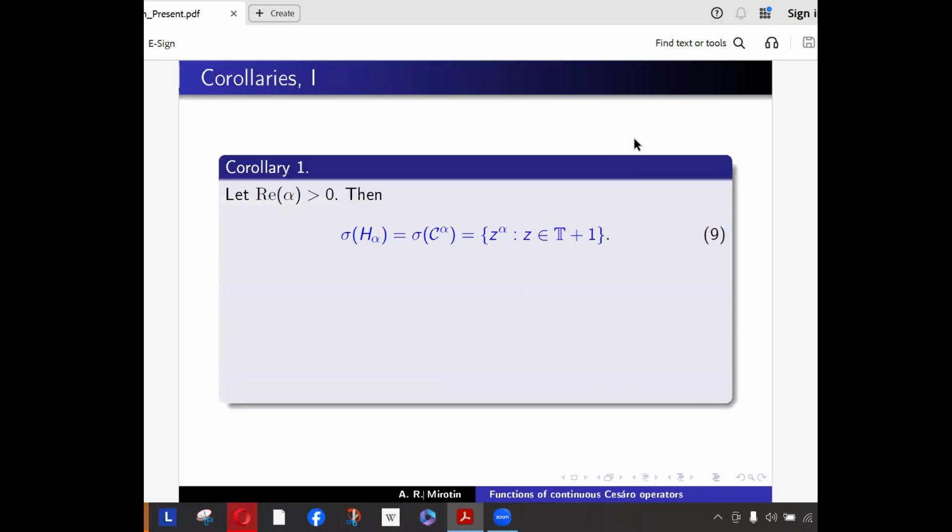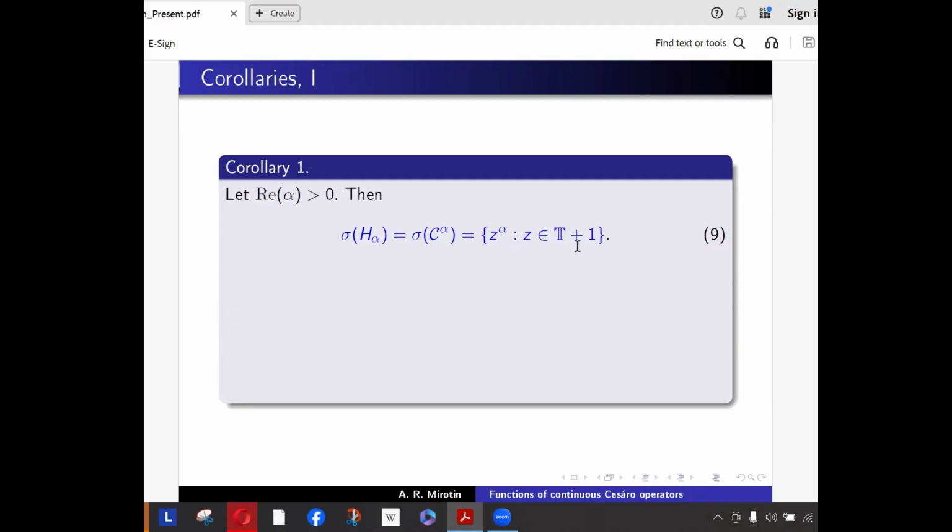And of course, one can apply the Borel functional calculus in this case, and the so-called spectral mapping theorem for the Borel functional calculus gives us an opportunity to compute the spectrum of the Hölder operator.